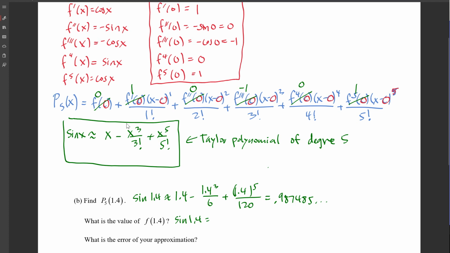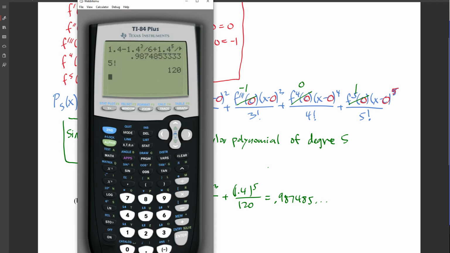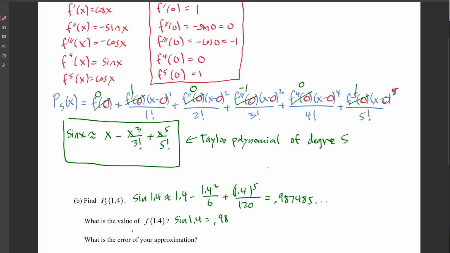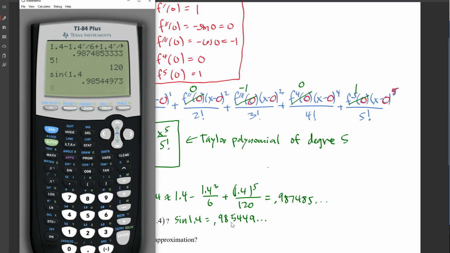Remember, this is a Taylor series approximation using polynomials. And if I do sine of 1.4, that's equal to 0.985449, and it goes on. How far apart are they?